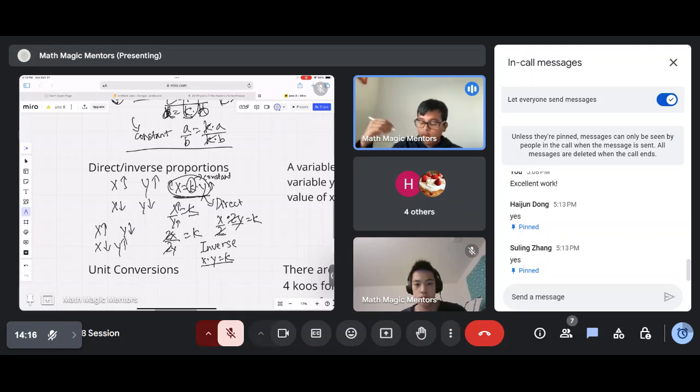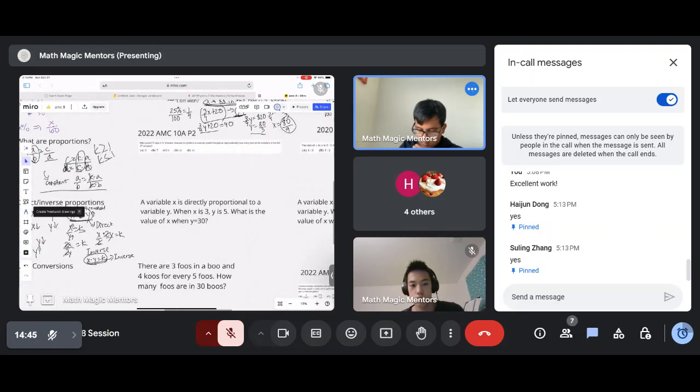So if you increase y by a certain amount, say 2 or 3, you have to decrease x by the same amount just to keep the product of x times y always equal to k. So this is usually the form of the direct proportions type, or inverse proportions type. So just know that this is inverse.